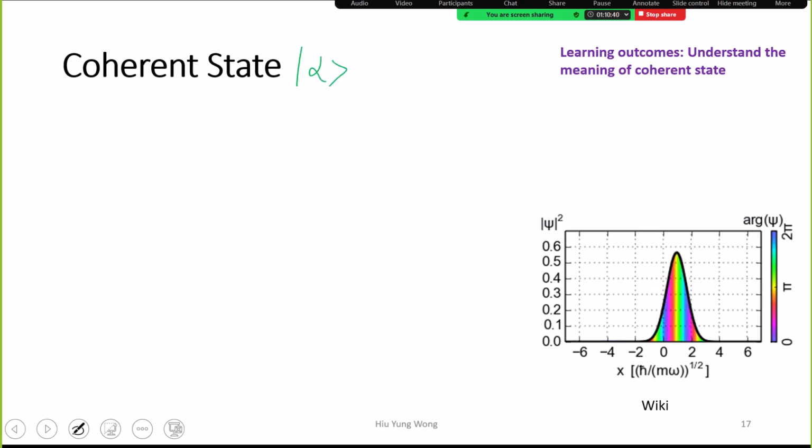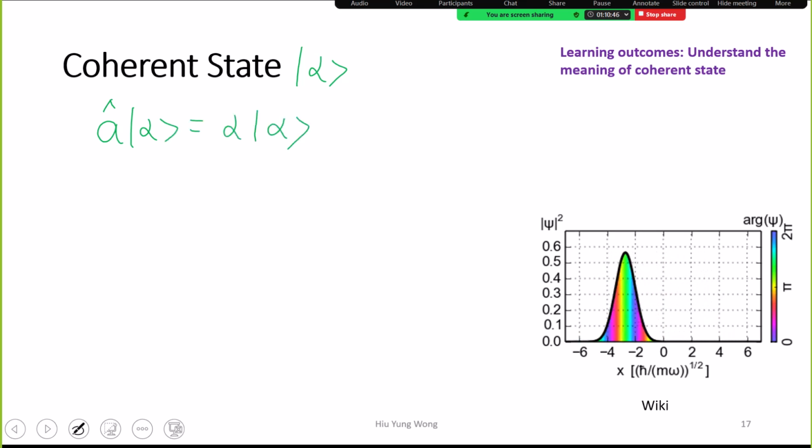Alpha. It is defined by this. Can you explain this in English? It basically says the annihilation operator times the coherent state equals a number times that coherent state. So it means the coherent state is an eigenvector of the annihilation operator.